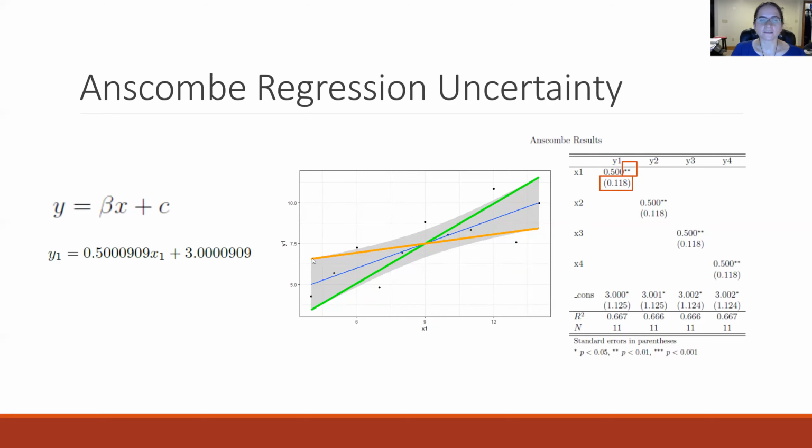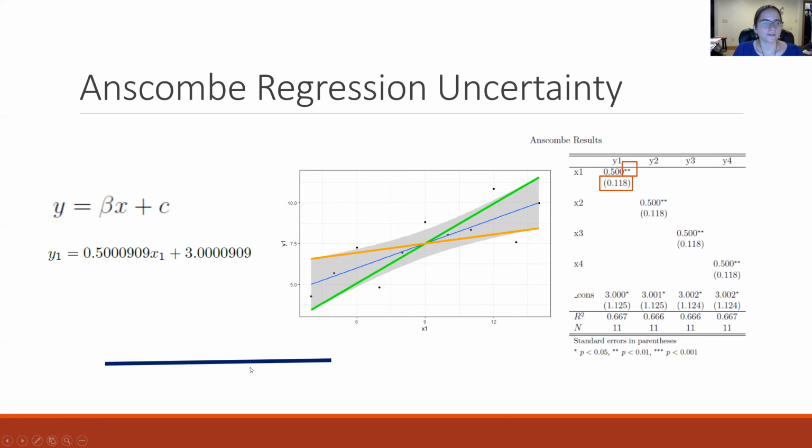And that basically means that we believe that the regression line is at the shallowest, the orange line, which is the shallowest line that you can stick within this gray bar, and at the steepest, the green line, which is the steepest line that you can stick within the gray bar. So we believe that the true slope of this line ranges between the slope of that orange line and the slope of the green line with 95% confidence. We usually use 95% confidence intervals to capture a reasonable sense of certainty, although it's certainly not the be-all and end-all of metrics.